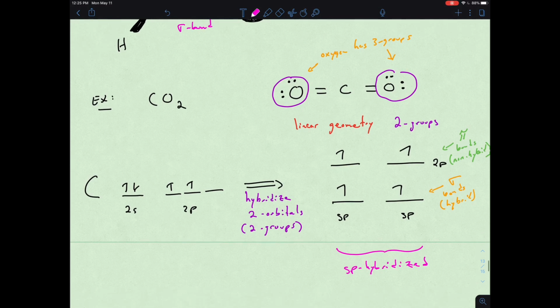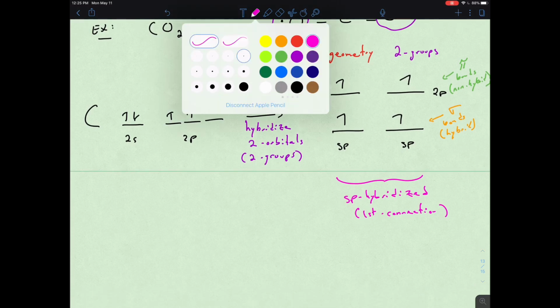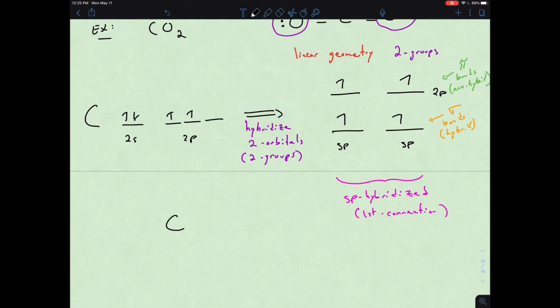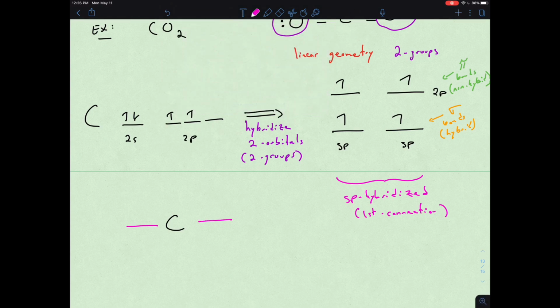Right, so this is again that first connection with the hybridization. So if we were to draw that out, right, we'd have our carbon bound to each one of the oxygen atoms.